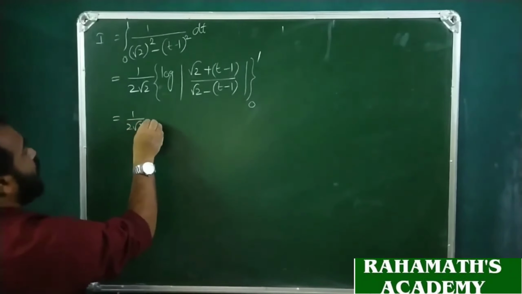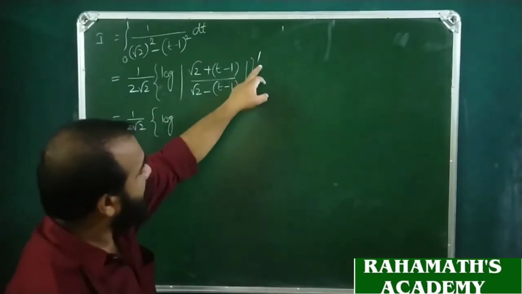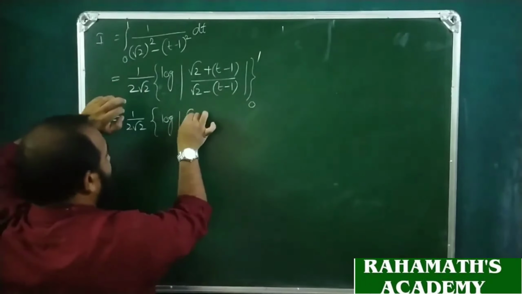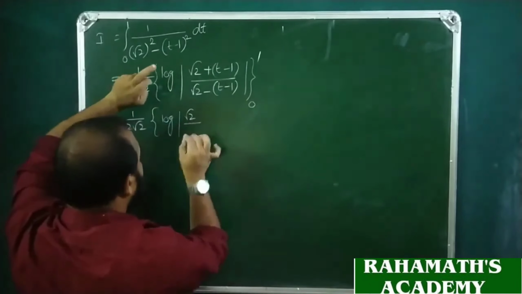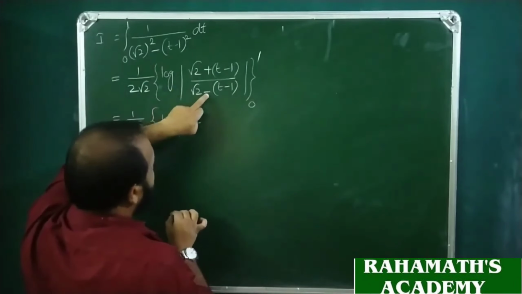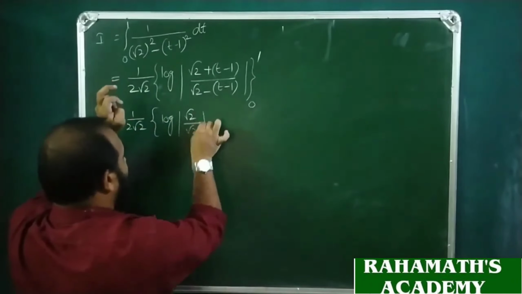1 by 2 root 2 log, substitute the limits. So root 2, t value is 1, 1 minus 1, 0, by root 2 minus of t value is 1, 1 minus 1, 0. So root 2 by root 2.